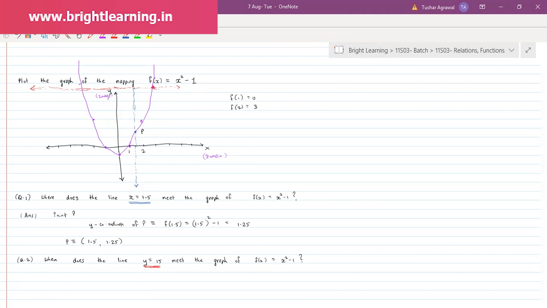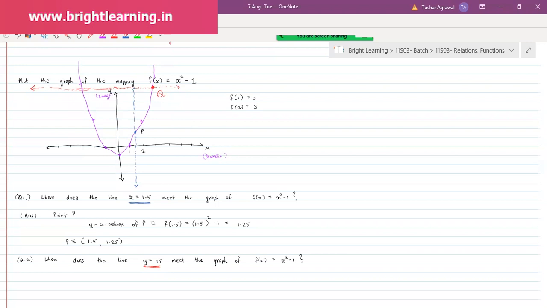We consider this as point Q, the point of intersection of the horizontal line y equal to 15 and the purple graph that we have drawn. Observe that it is not that the x coordinate of Q is 15. It is the y coordinate of Q that is 15.